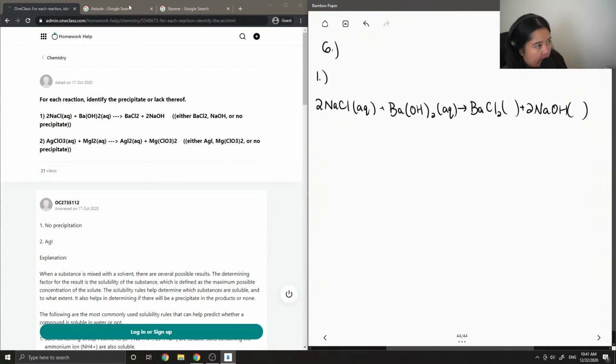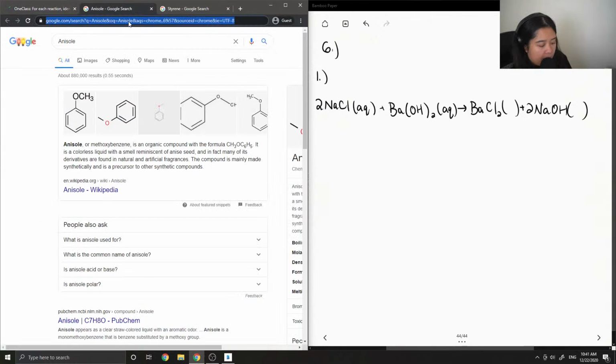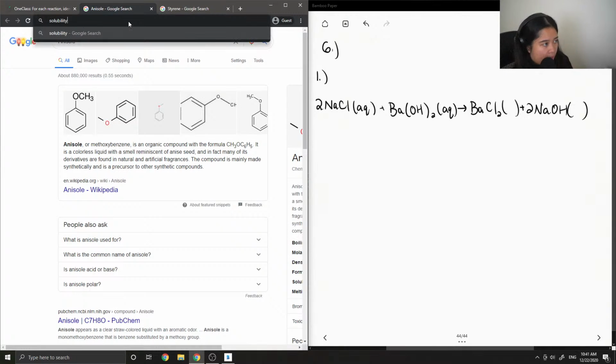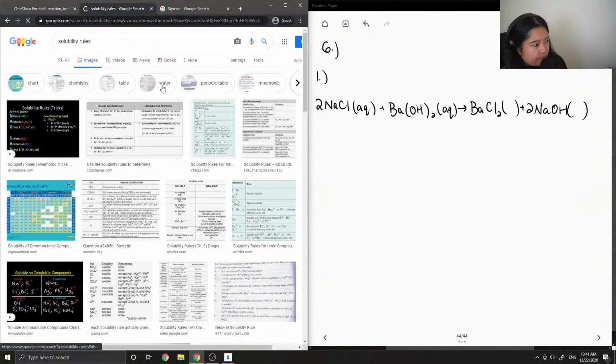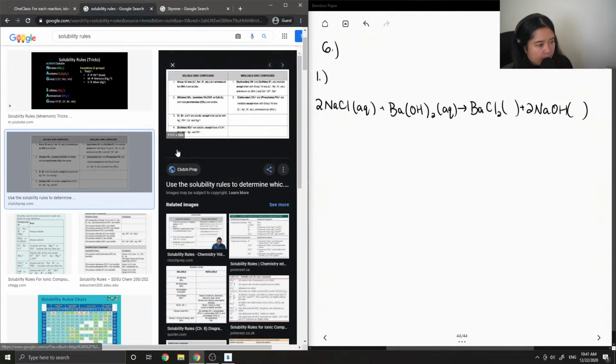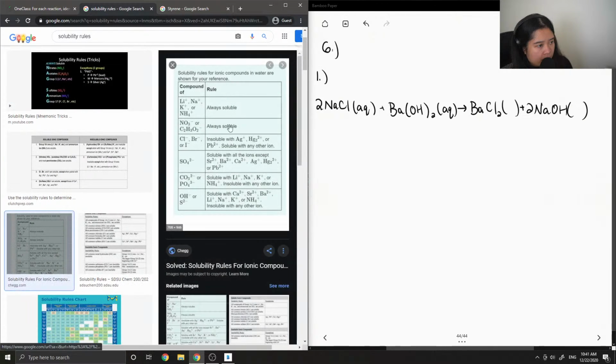And we are going to look up the solubility rules and how to use this table. Okay, so here is an example of what a solubility chart might look like.